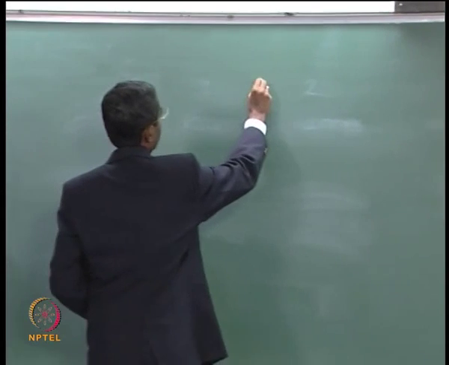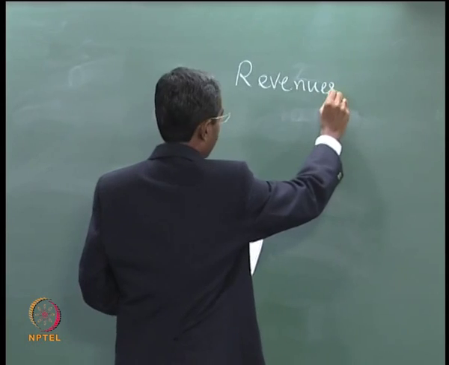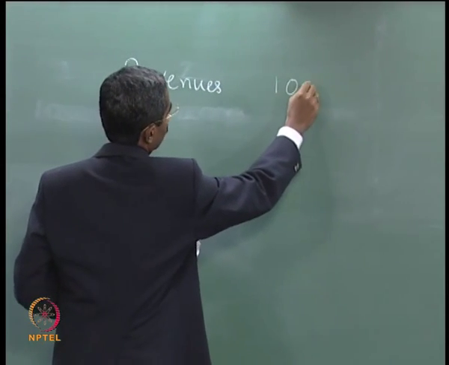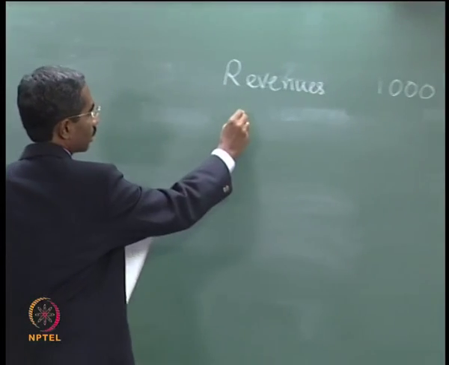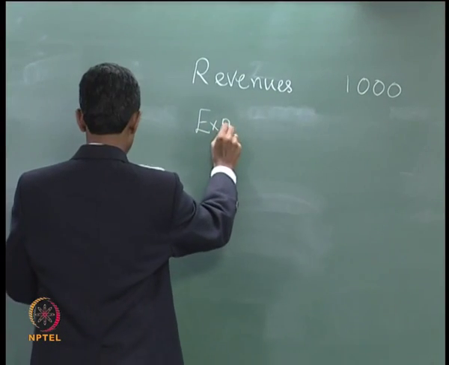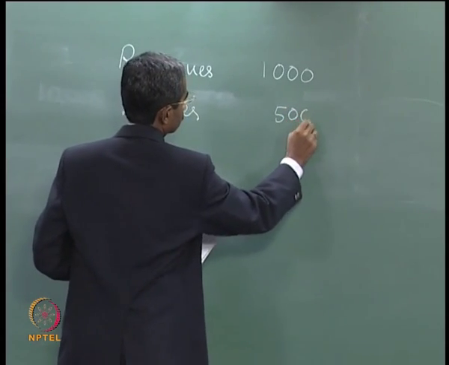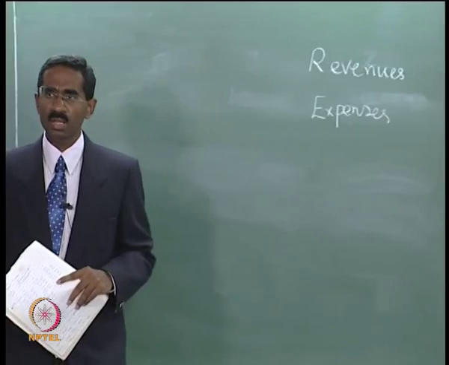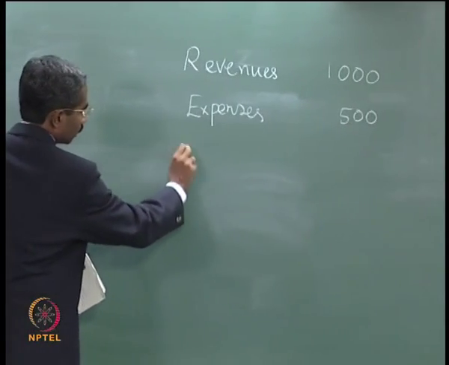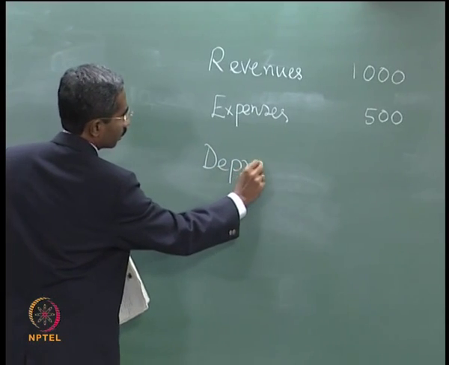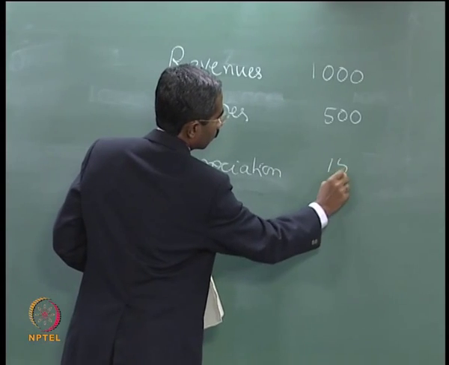Let us say there is a company which has revenues of 1000. The company incurs several expenses to the tune of about 500, and then the company's depreciation is 150.